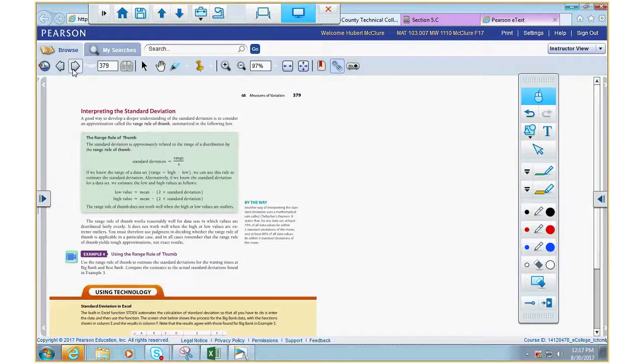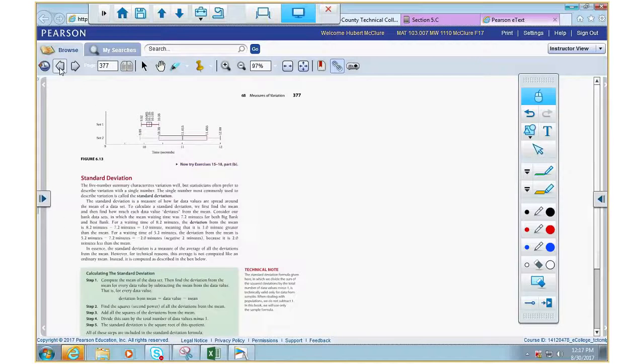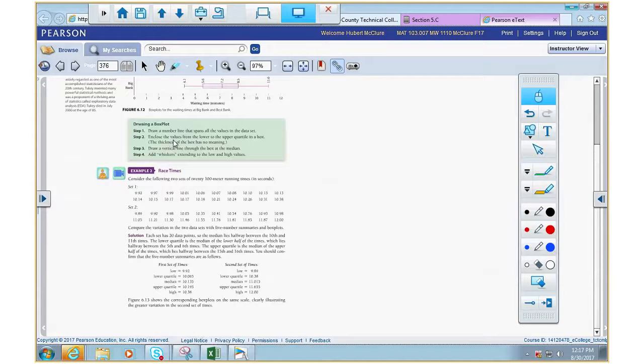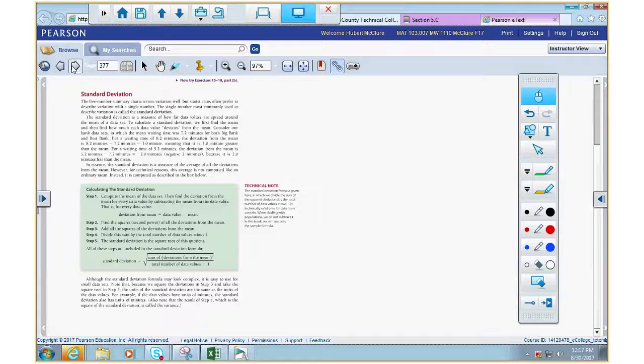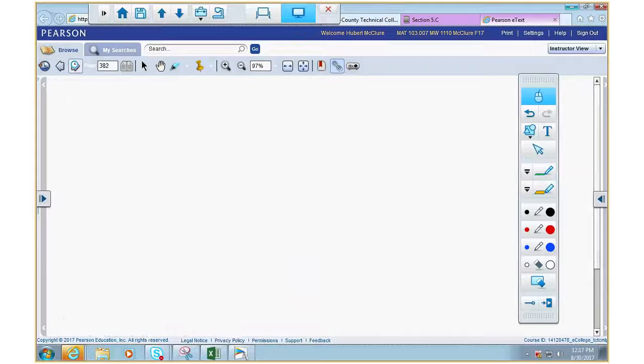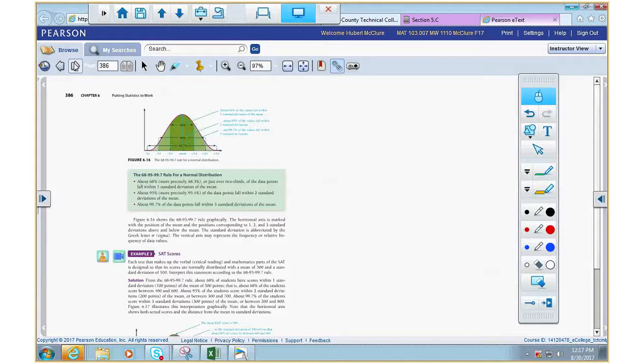Coming up on it. Should be right in here. Standard deviation, because we're in this section. There it is.